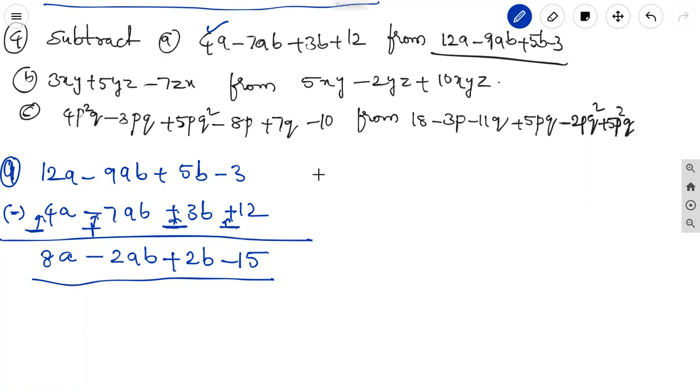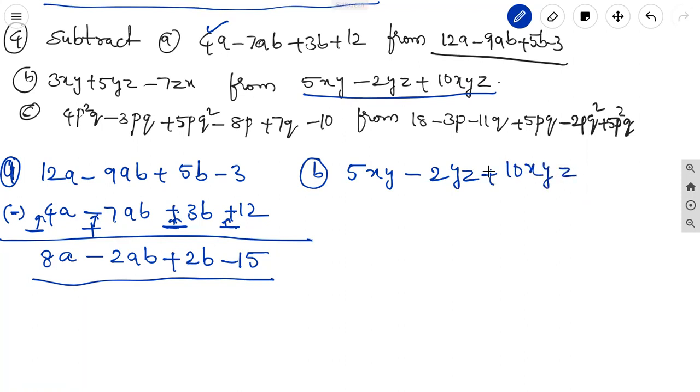Okay. The second one, B. From means first we write the second expression, that is 5xy minus 2yz plus 10xyz. Then here, first one is 3xy.